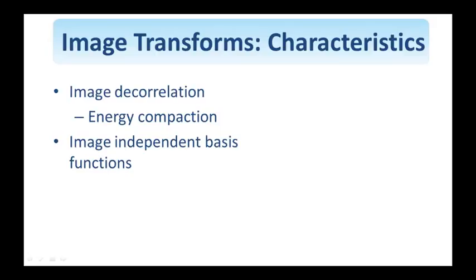The bases that form such transformations should be independent of the image we try to encode. Otherwise, these bases would need to be transmitted to the decoder to perform the decoding. And finally, as always, we would like to have fast implementation of such transforms, since they're clearly part of both the encoder and the decoder.